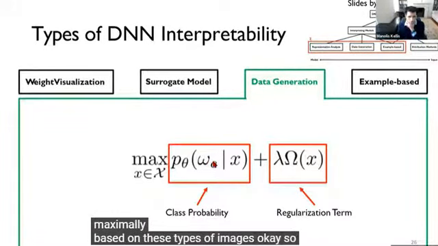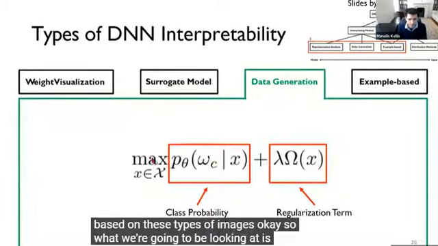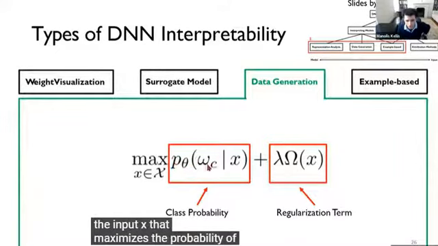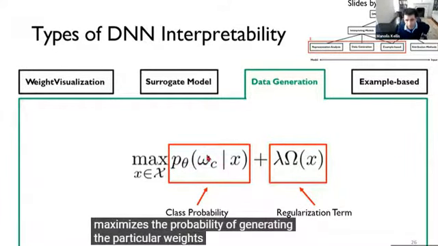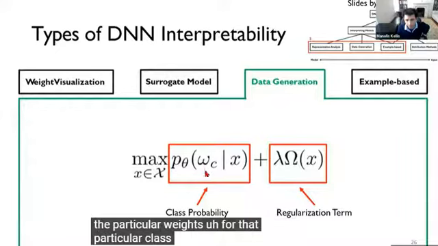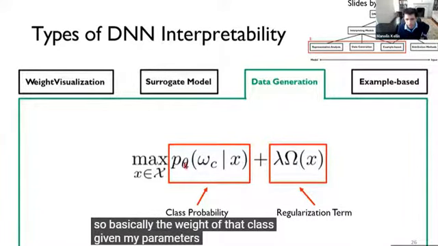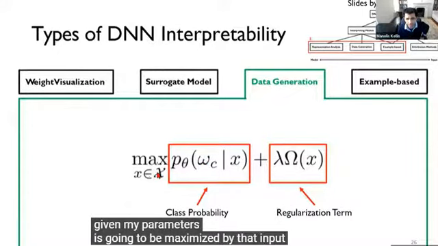So what we're going to be looking at is how to maximize, among all possible inputs, the input X that maximizes the probability of generating the particular weights for that class. So basically, the weight of that class, given my parameters, is going to be maximized by that input.